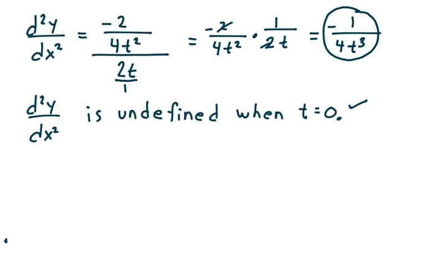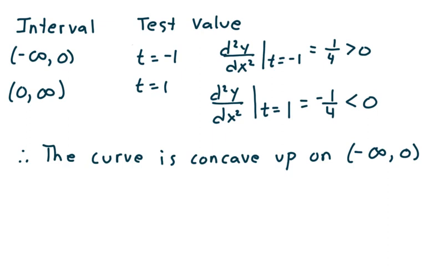Now, let's go forward with this. We're going to look at two intervals: the interval from negative infinity to 0, and the interval from 0 to infinity. And we're going to test a value in the interval negative infinity to 0. So I choose t equal negative 1.